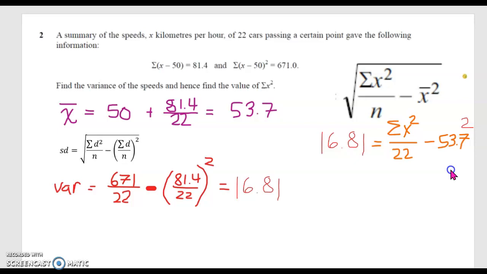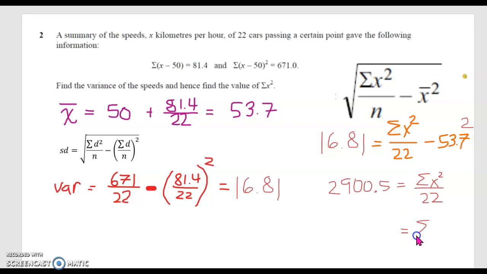You get 2,883, and add that to both sides. Add it to the 16.81, and you get 2,900.5. That's equal to the sum of the square data points times 20 divided by 22.